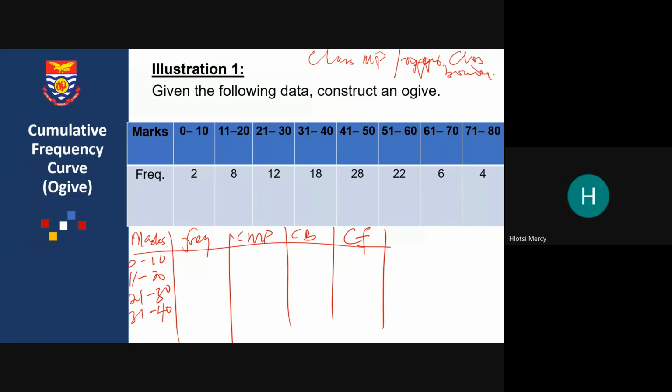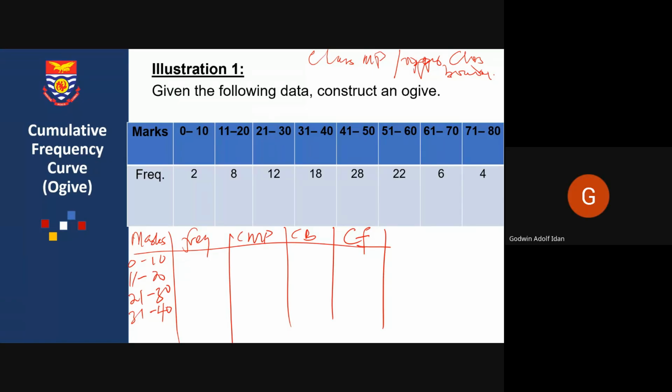We have to deduct a mark from the lower class and add it to the upper one. Which mark do we deduct and add? 0.5.